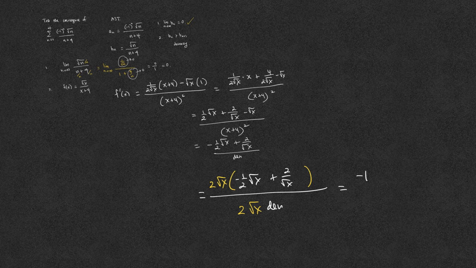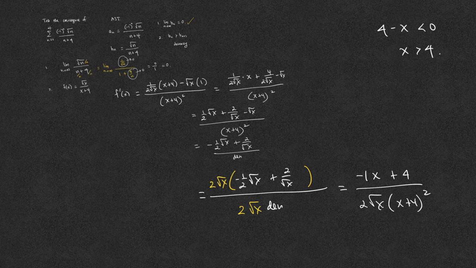Root x times root x is 1x. And 2 root x times 2 over root x is plus 4. Over 2 times the square root of x times x plus 4 squared. Remember that x is n, and n starts with 1, so the denominator is always positive. The numerator, 4 minus x, is negative for x greater than 4.